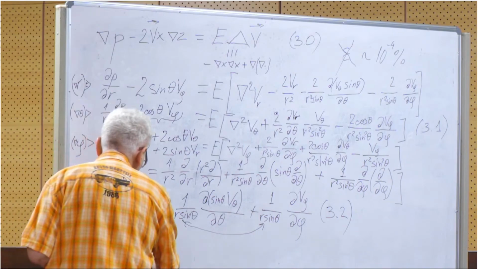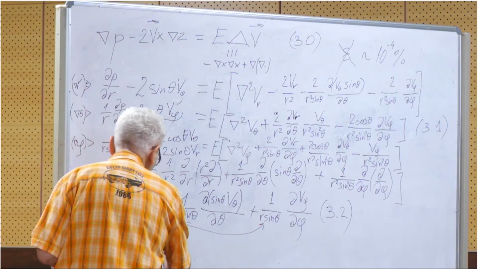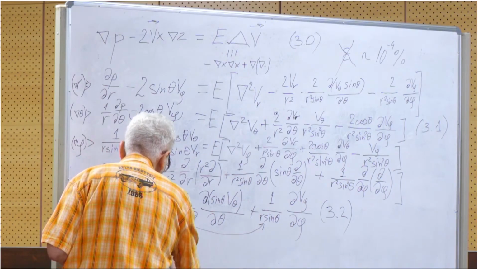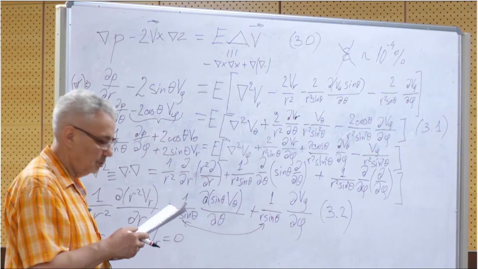First of all, the radial component of the velocity is zero. We already discussed it, because it cannot penetrate.